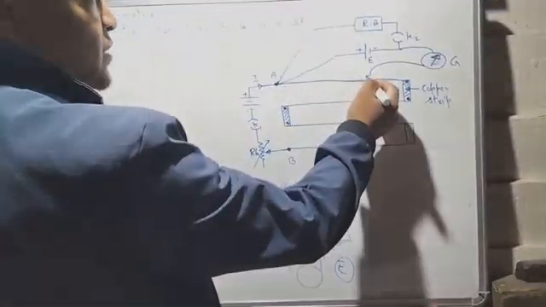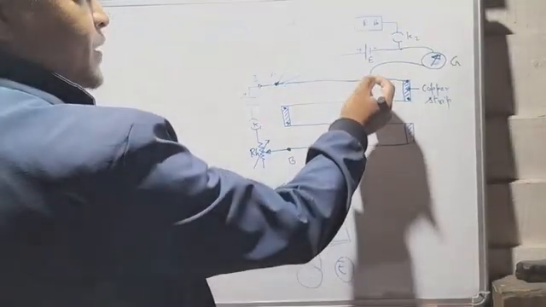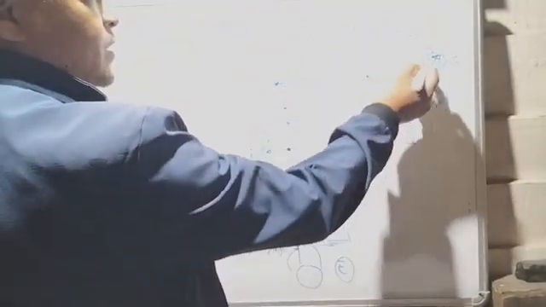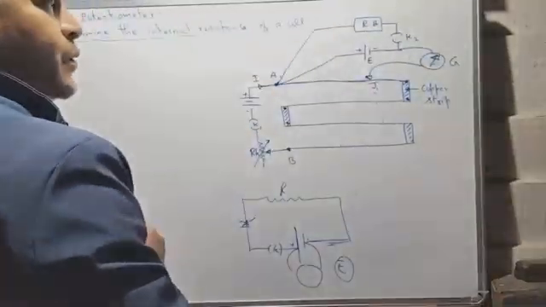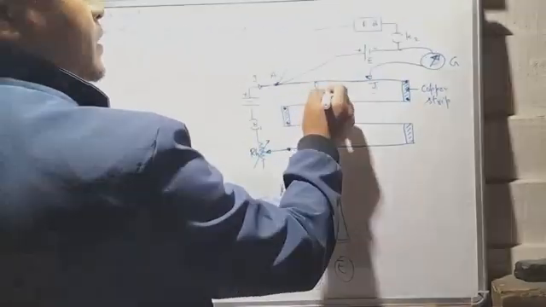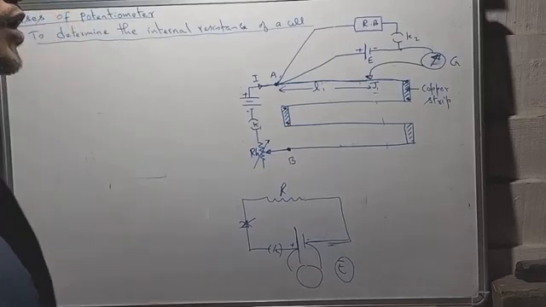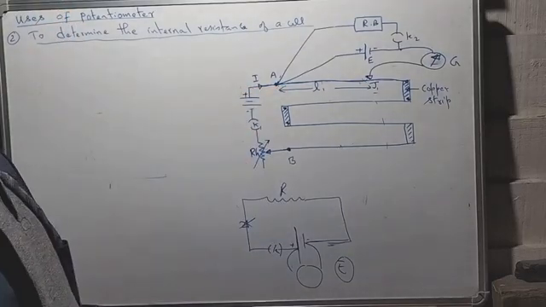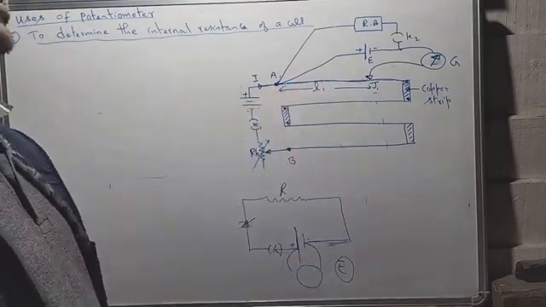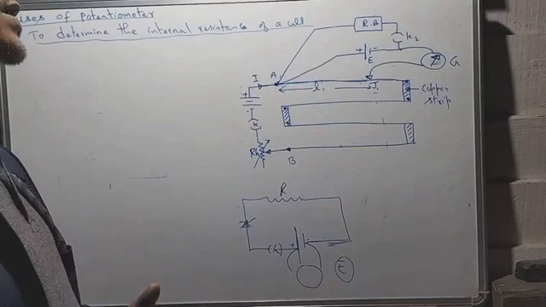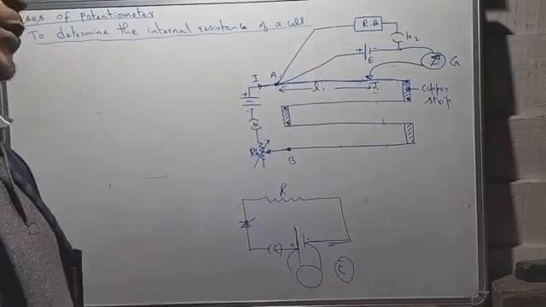Let's say at this point the galvanometer gives 0. Let us imagine that this length is L1. When the galvanometer is 0, it means that the current in the circuit is 0.